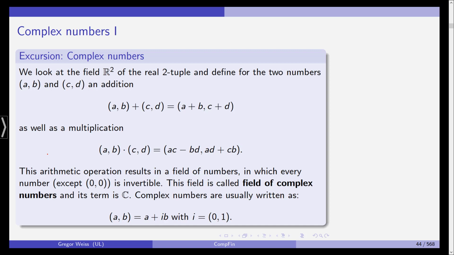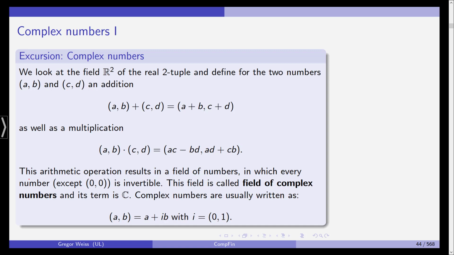And for those two numbers, you define a sum, (a,b) plus (c,d) equals (a plus c, b plus d), as well as a product, (a,b) times (c,d) equals (ac minus bd, ad plus cb). Using these operations, you can actually show in mathematics that what you get is a field of numbers. We call these numbers the complex numbers, that actually includes the real numbers.